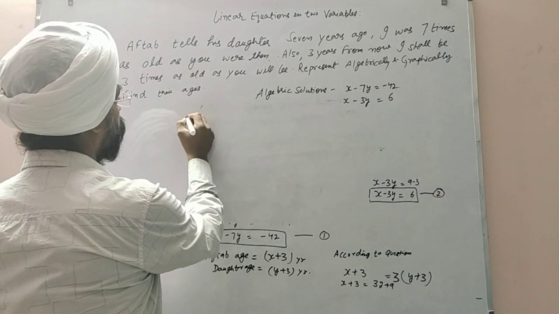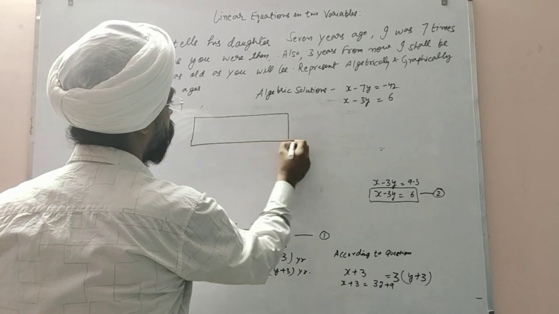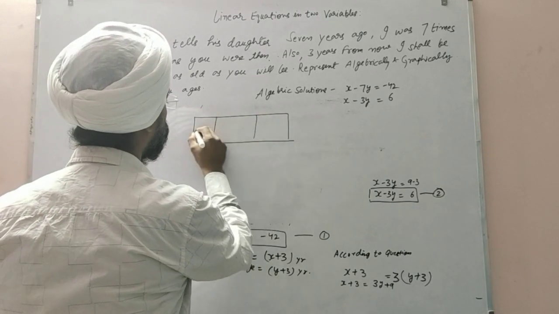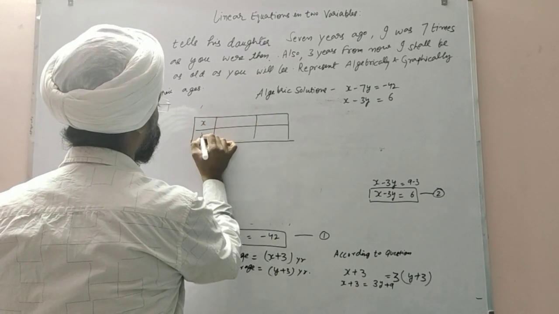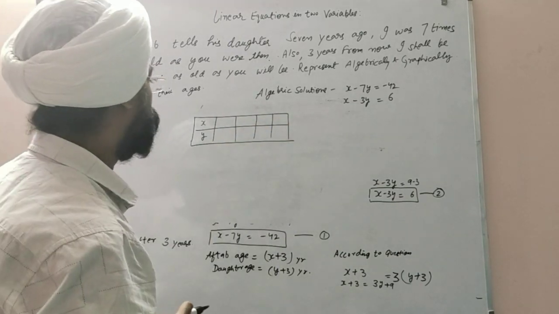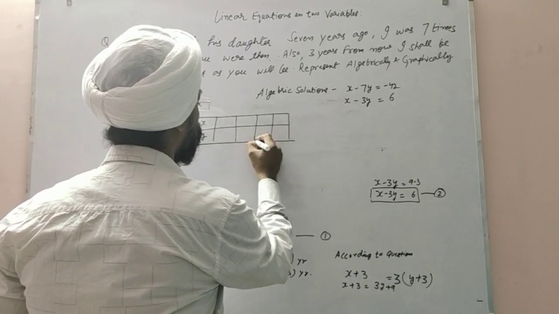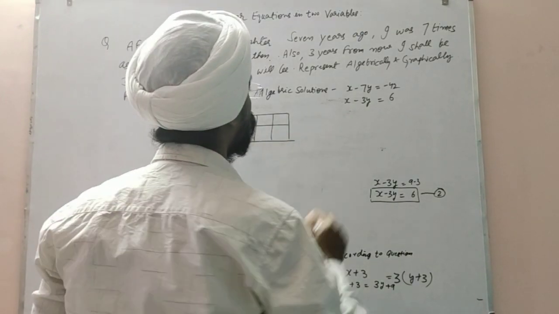Now for graphical, you need to make a table like this, x and y. You can make 3 solutions or 4 solutions as per your book, but mainly 3 solutions are usually taken.